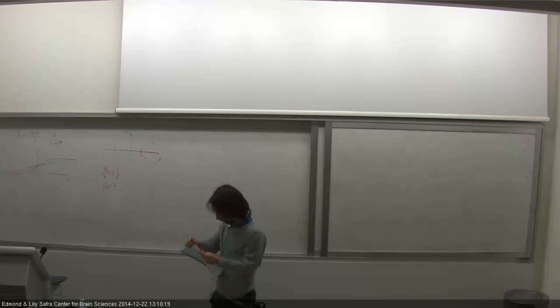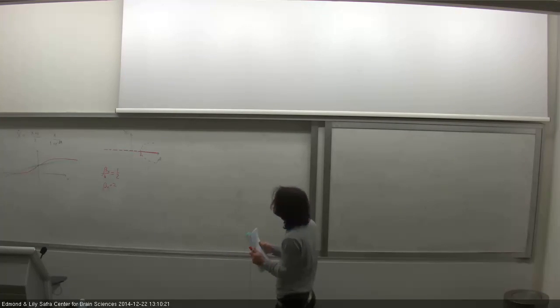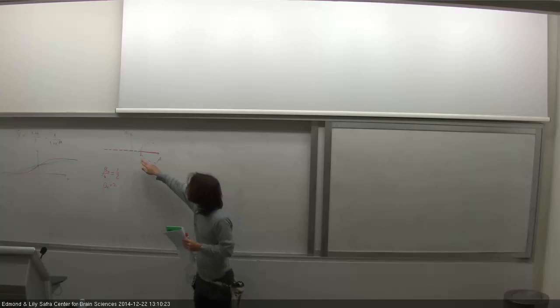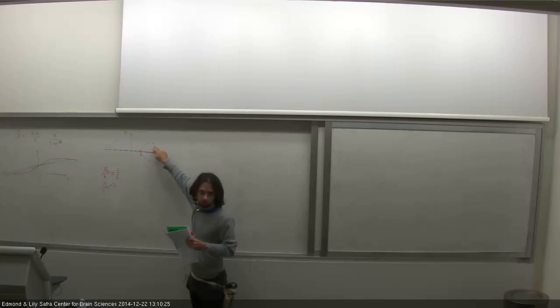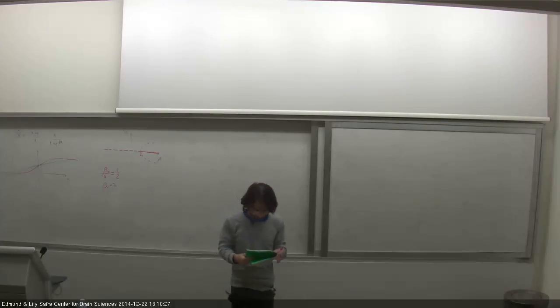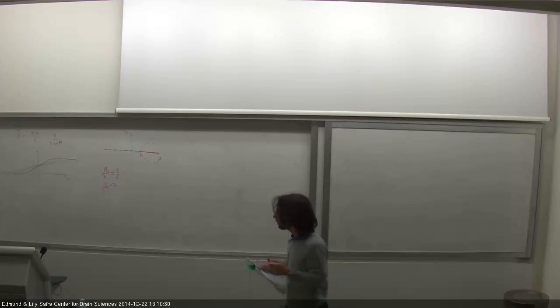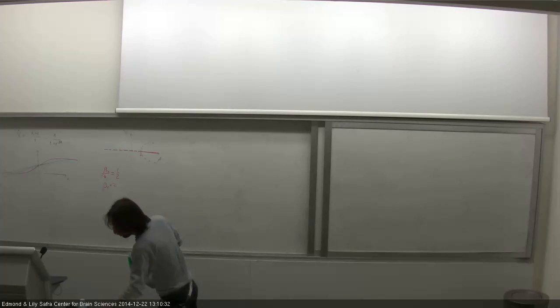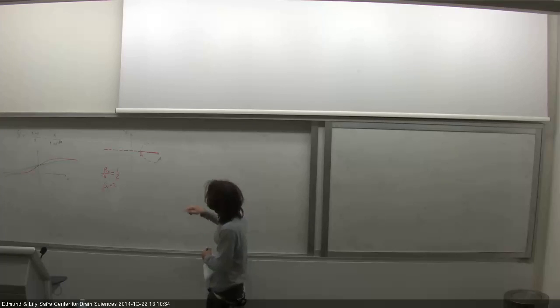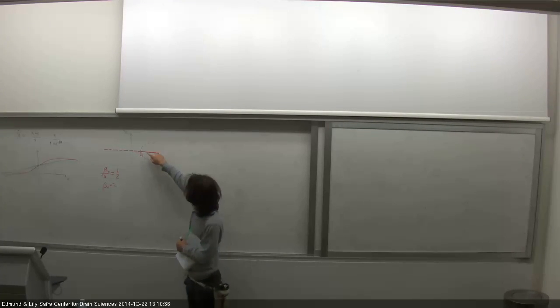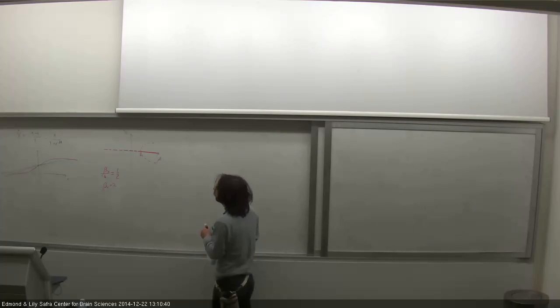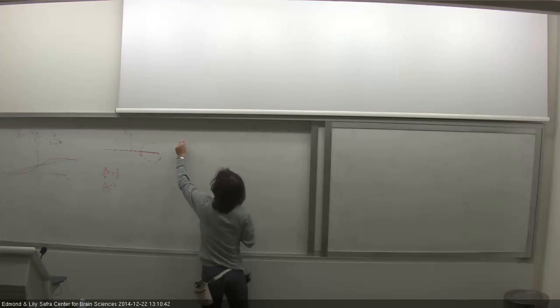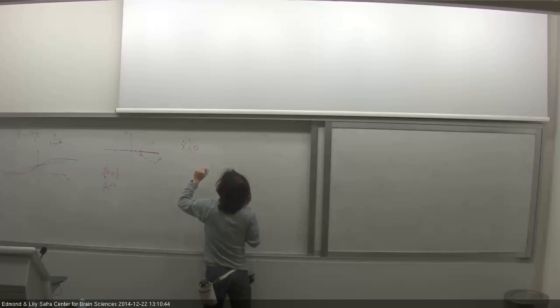Now, we'd like to do more than this. We'd like to get the actual expression for these curves. Okay? And for this, of course, we are looking for fixed points. Remember, the curves give us the fixed points as a function of beta. So the way to do this is to demand this.